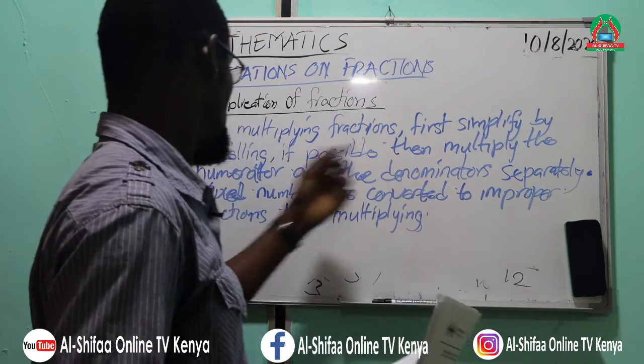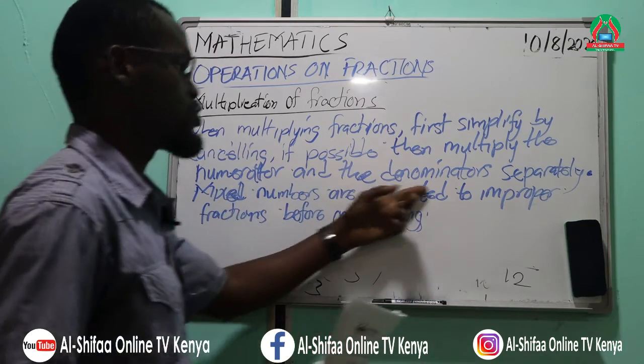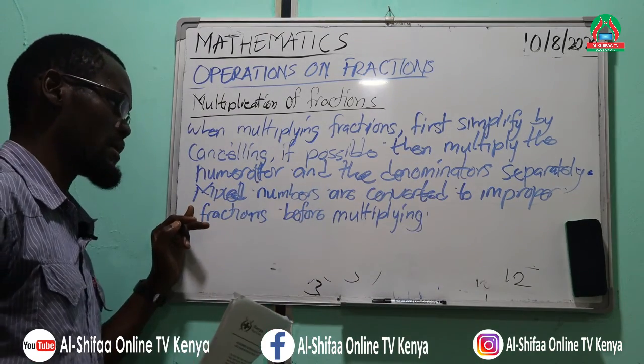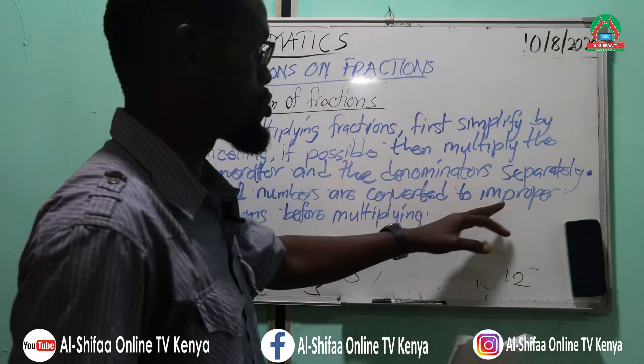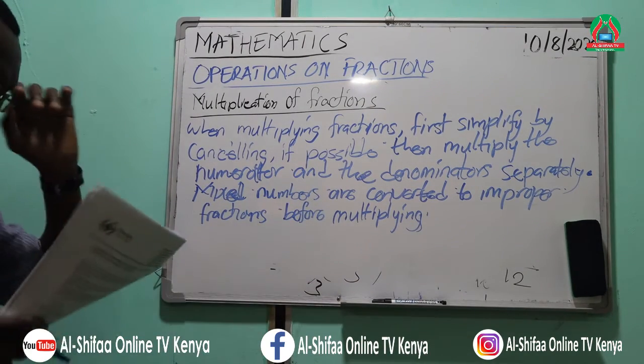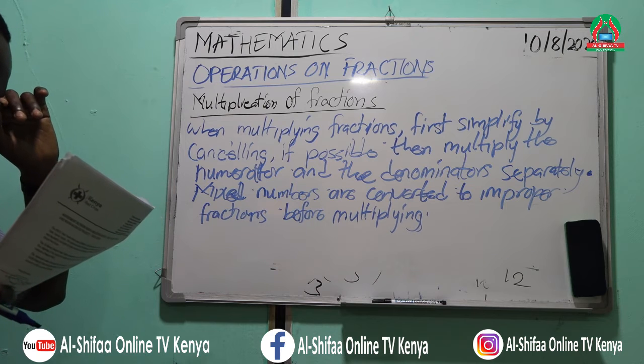Then multiply the numerators and the denominators separately. Then we are told also mixed numbers are converted to improper fractions before multiplying. We can look into an example.